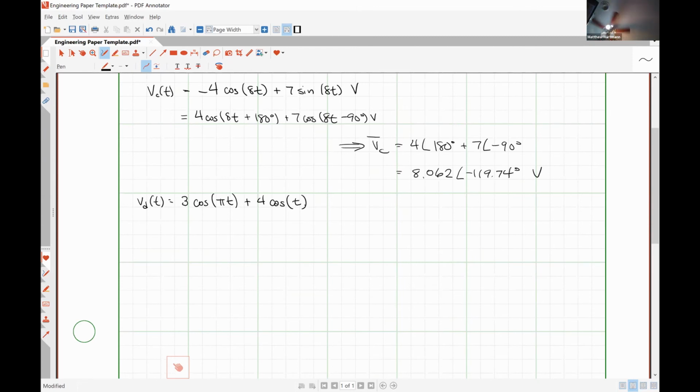Now in circuits 2, we are going to learn how to approach problems that are excited with multiple frequencies. And the end result of that is that we have to apply the superposition technique.